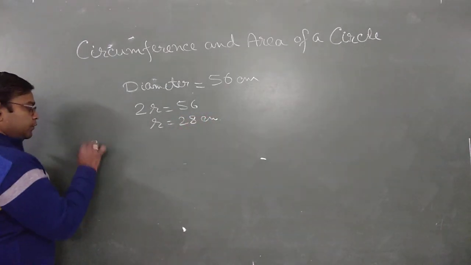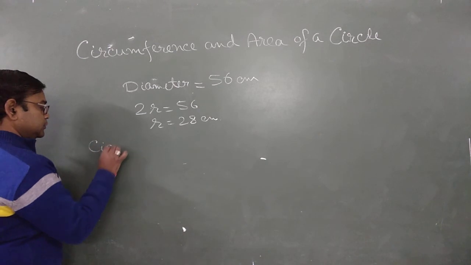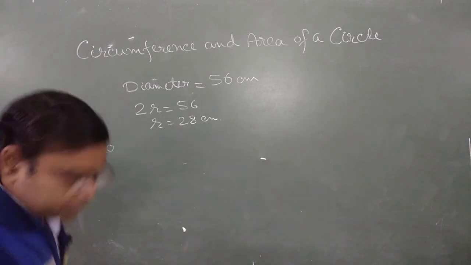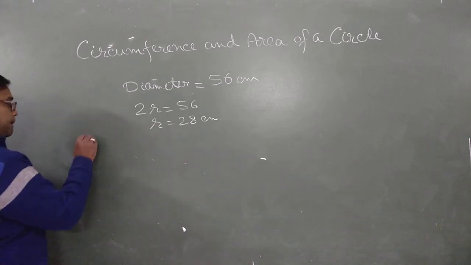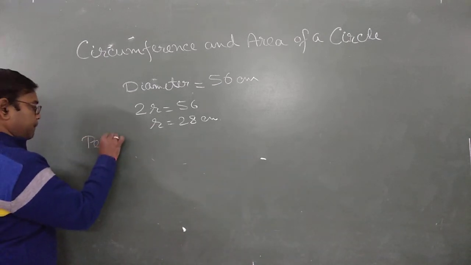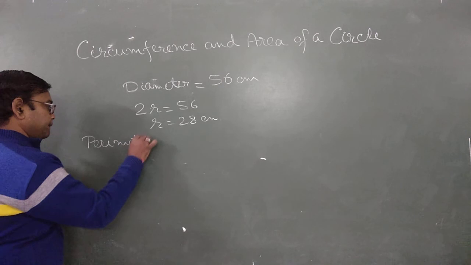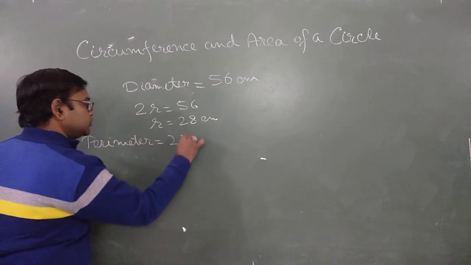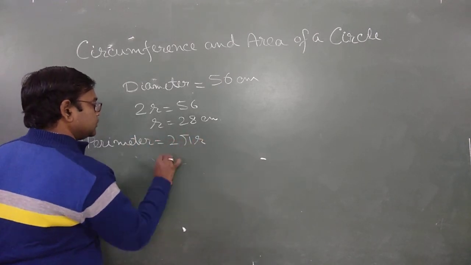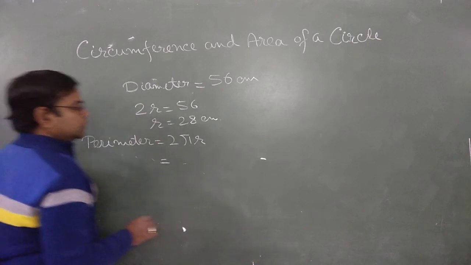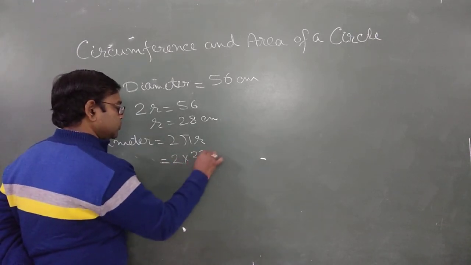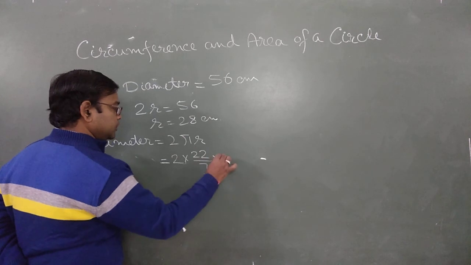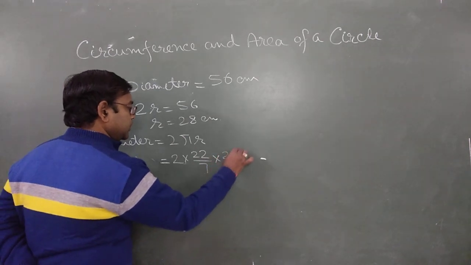Clear? Now circumference or perimeter. I'm writing over here perimeter equals 2 pi r. So the value is 2 into 22 upon 7 into r, which is 28.